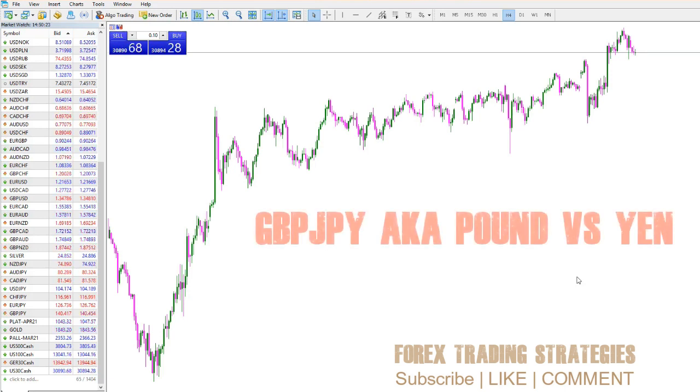Another one is GBPJPY, especially with the Brexit thing that has been happening. Like I've already talked about, the yen is a strong currency, and the GBP is London, the UK. The UK is one of the biggest economies in the world, so definitely you are trading one strong currency and another strong currency.